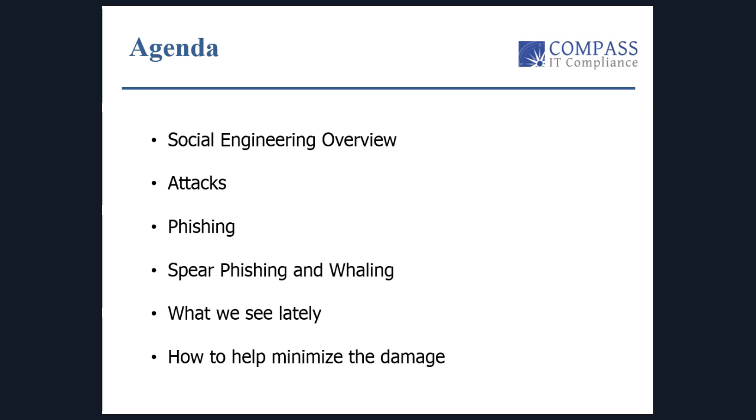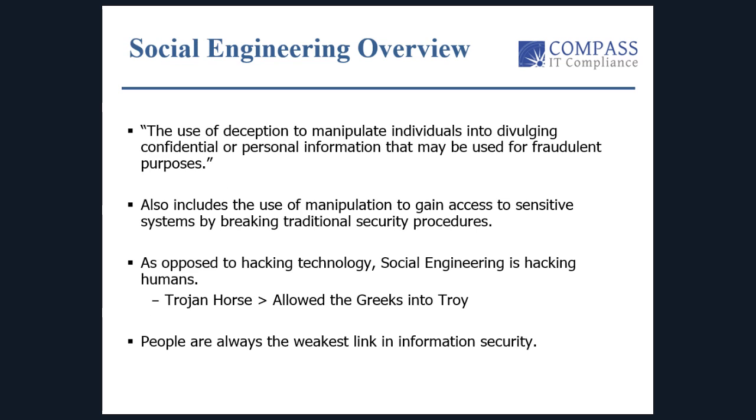Also, we'll go over a couple of tips to help you minimize the damage, what you can do with your employees, and how you can help them be more aware and see what's going on. It's really part of general security awareness, and it's what you want to drill home with them to help your company be safer. My first bullet here is pretty typical: the definition of social engineering. It's using deception and manipulation of people to get information to use for fraudulent or malicious purposes.